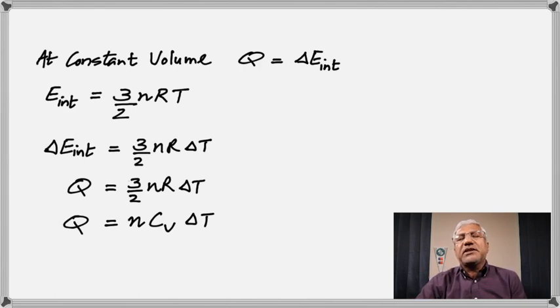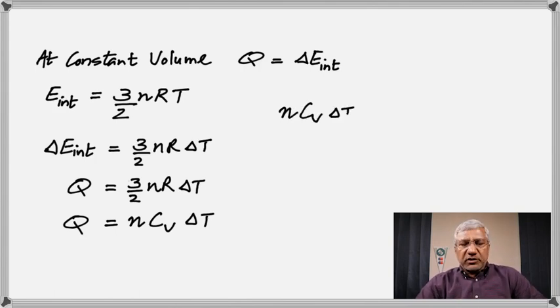So we have two formulas to calculate the heat given to a monoatomic gas. You can either use 3/2 nR delta T or n Cv delta T, depending on what is given. That will be a question on exam 4.